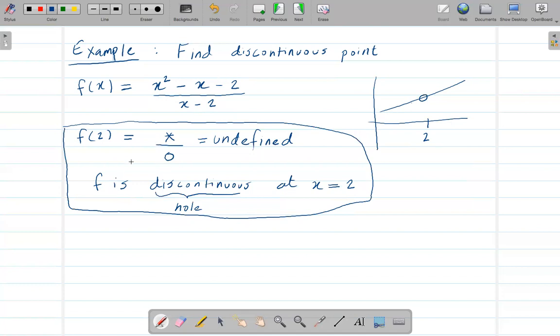Now, how can we make this function continuous? Let me just write that on the next page. How to make f of x, that was given on the last page, continuous?